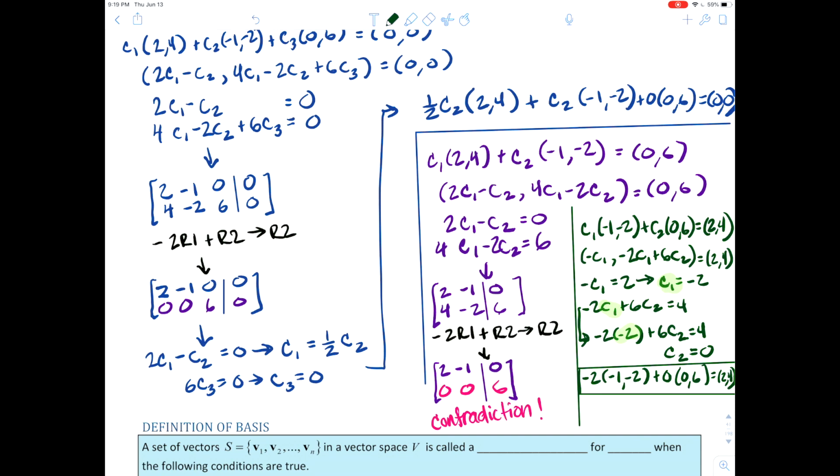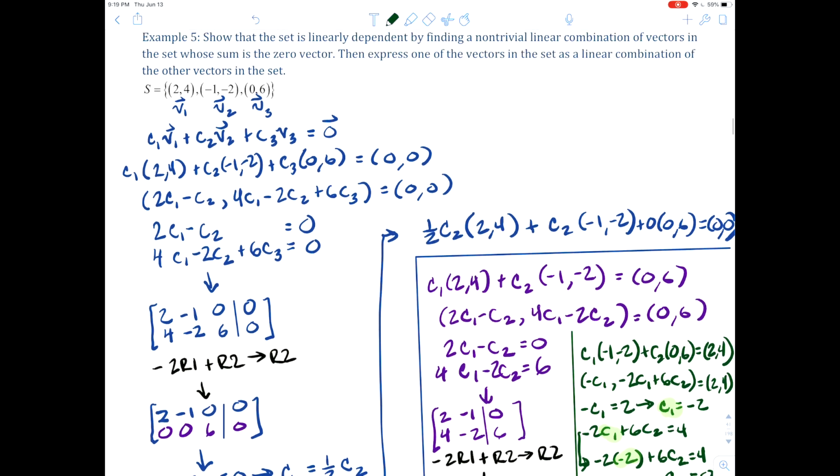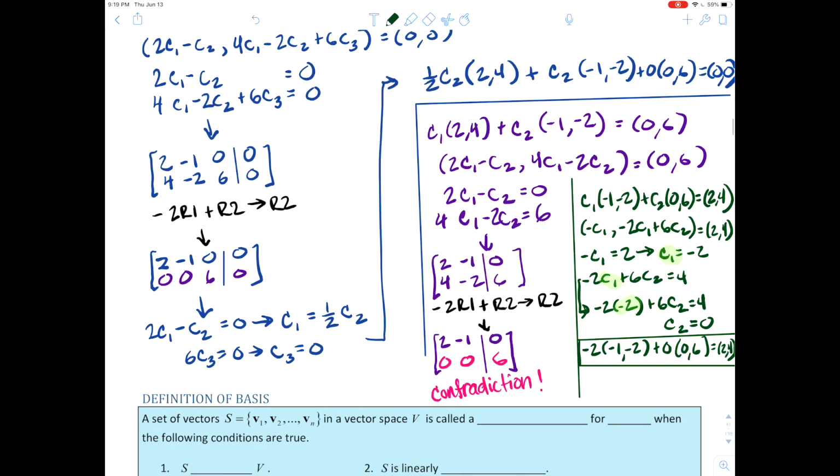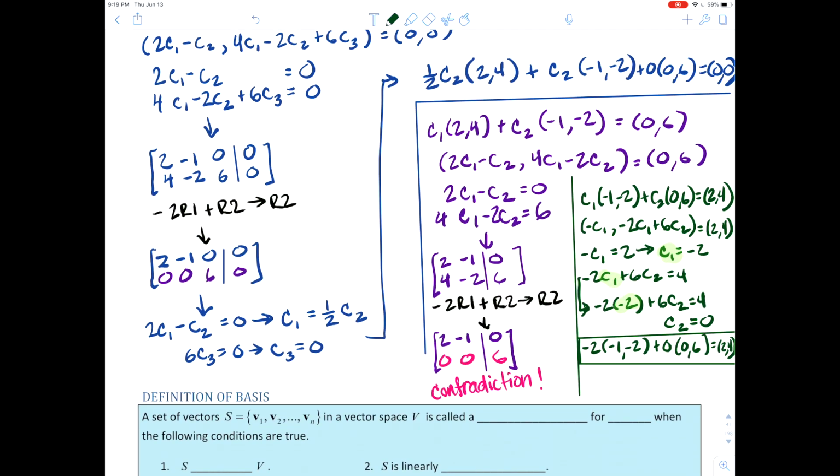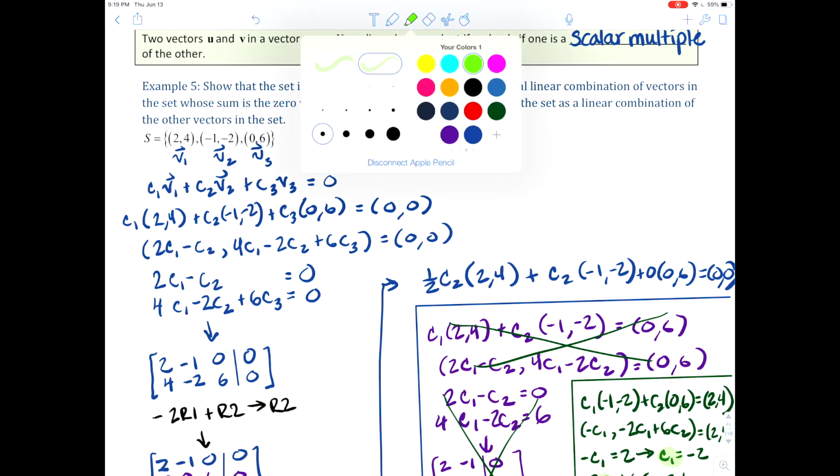So we've written one of the vectors in the set as a linear combination of the other two. Groovy? All right, so this one, just so you know, that one, remember, didn't work. But this guy did.